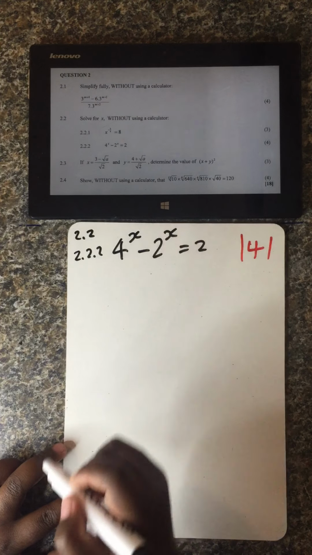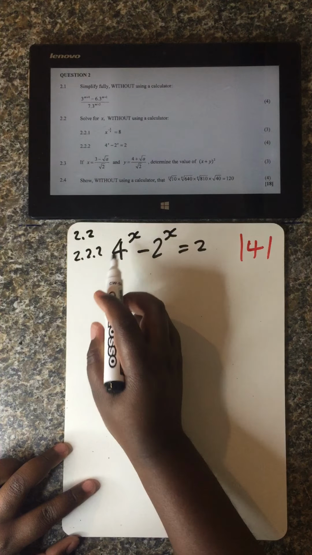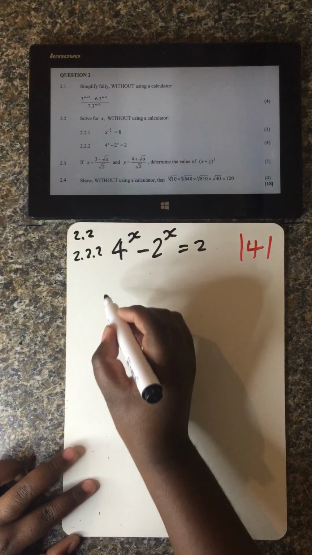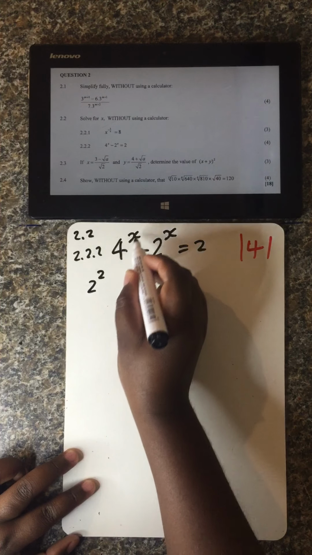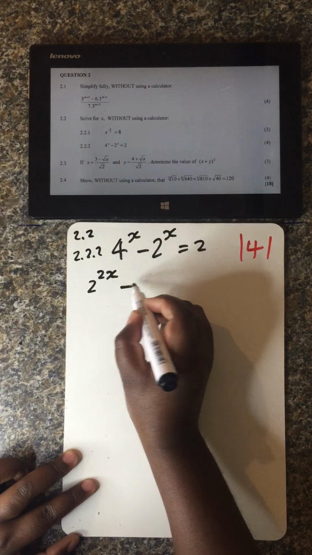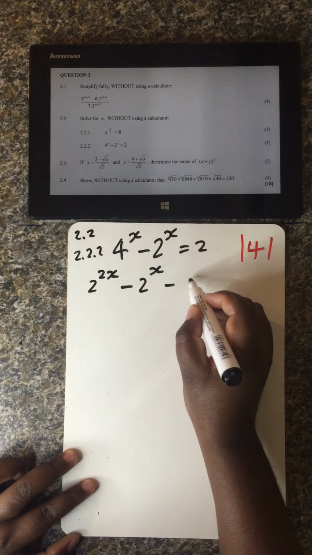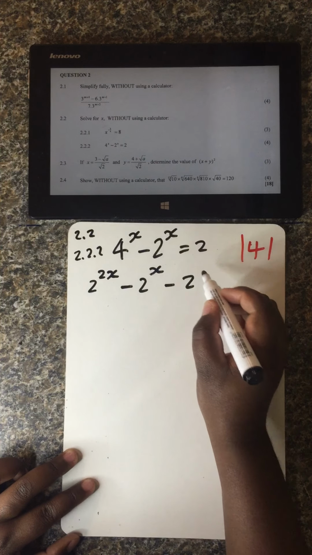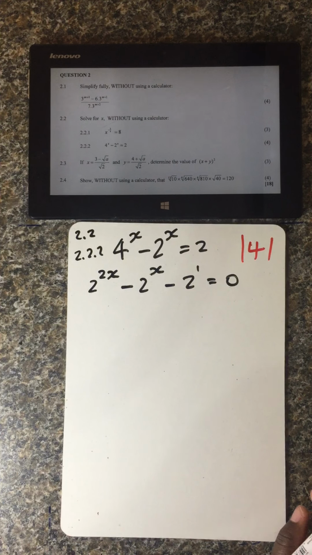We know 4 is the same as 2 to the exponent 2, isn't it? So here we have (2 to the exponent 2) to the exponent x, minus 2 to the exponent x, minus 2, where the 2 is obviously 1 there, equal to 0.